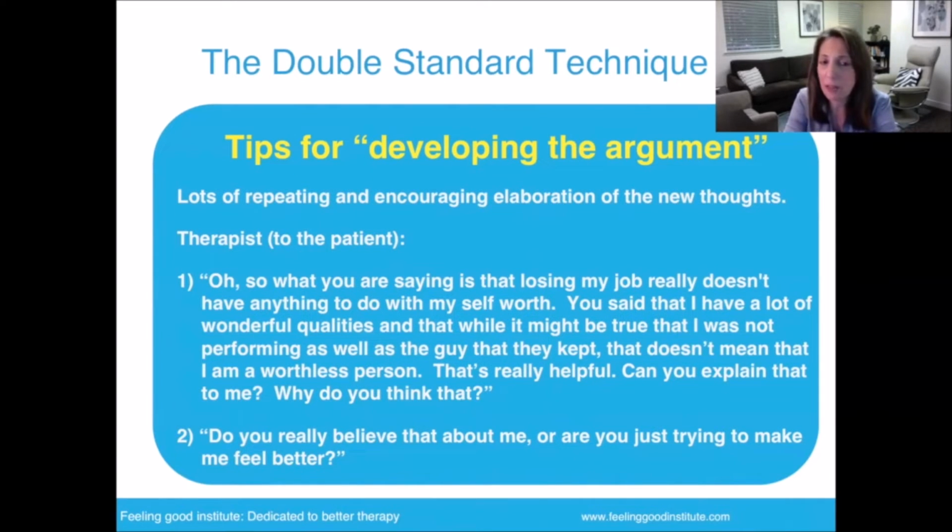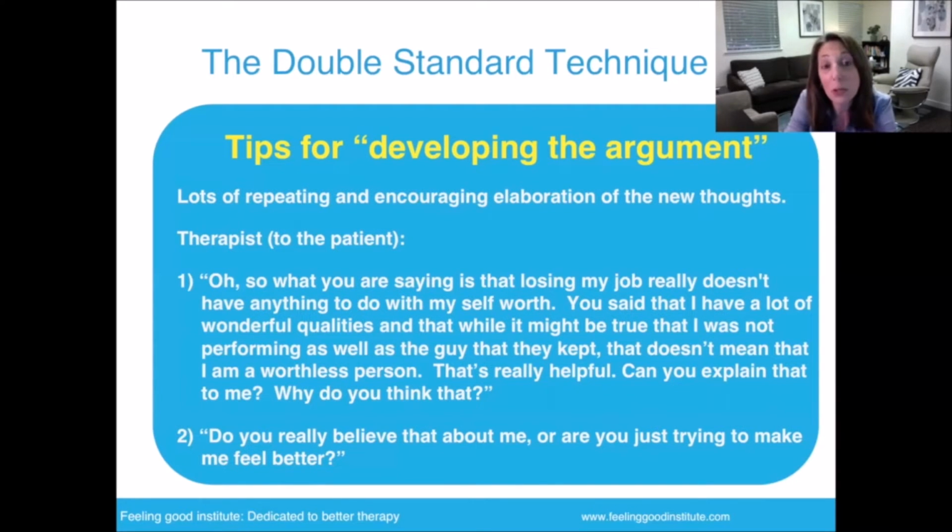You said that I have a lot of wonderful qualities, and that while it might be true that I wasn't performing as well as the guy that they kept, that doesn't actually mean that I'm a worthless person. That's really helpful. Can you explain that to me a little bit more? How do you know that's true? Or why do you think that's true?